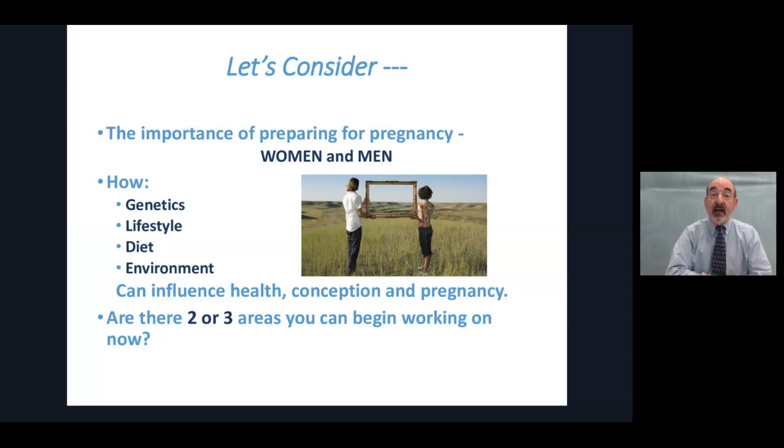And all of these can have a positive influence on successful conception and pregnancy. I always tell patients when we have these types of presentations, we're going to go over a number of different topics. I don't expect individuals or couples to change everything that they're doing in one day, but I'd like you to think about perhaps 2 or 3 of the topics we discussed today, areas that you might begin to work on to help improve your opportunities for successful conception.